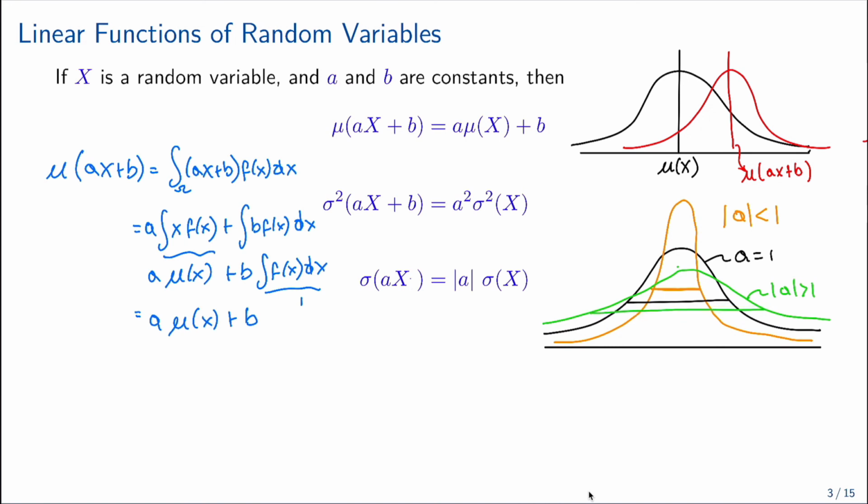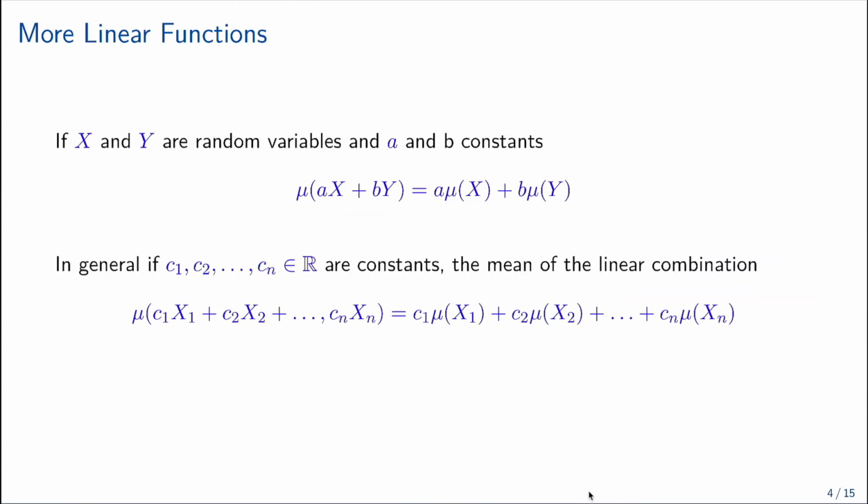So the one in green has a larger variance, and the one in orange has a smaller variance. Now, the variance of ax plus b is equal to a squared multiplied by the variance of x. If a is equal to 1, the variance will remain the same, but if the absolute value of a is less than 1, the variance will be smaller, and if the absolute value of a is larger than 1, the variance will be larger.